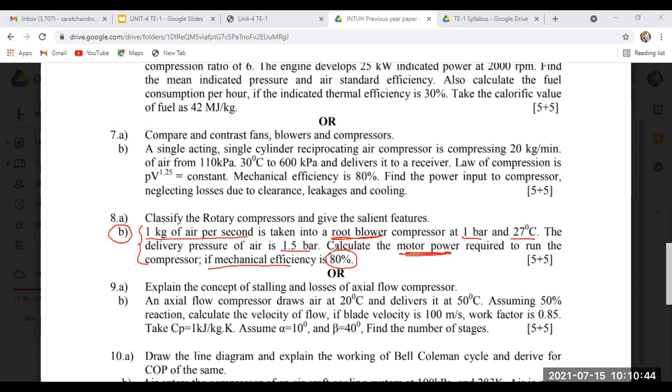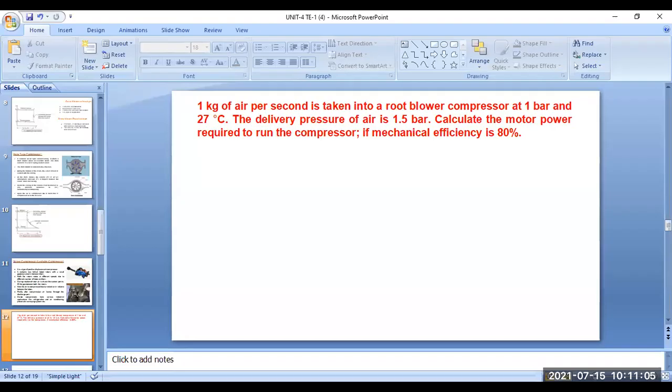In this question they have given the mechanical efficiency and asked to calculate the motor power. We have copy-pasted this question, so be prepared with a calculator so that we can solve it quickly and switch over to the next topic.